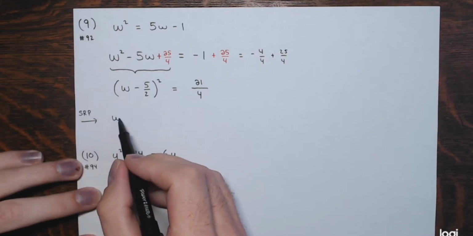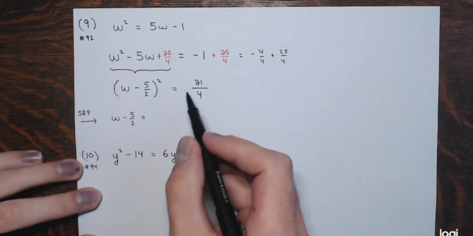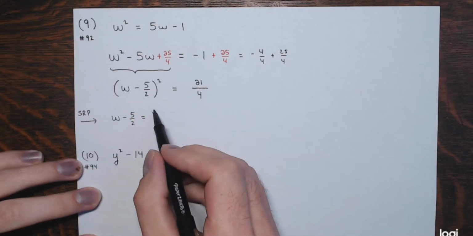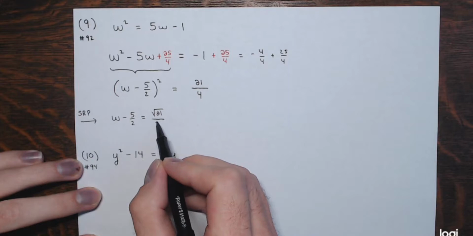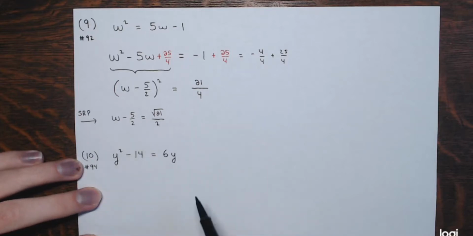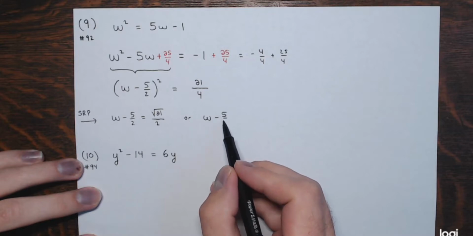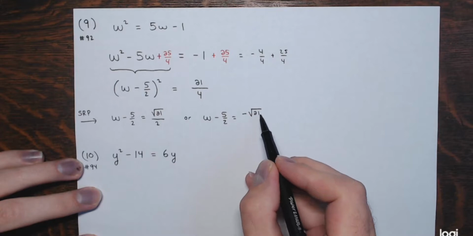and say that w minus 5 halves must be equal to positive square root of 21 fourths, which, if I use the quotient property, would be the square root of 21 divided by the square root of 4, which is 2. Or w minus 5 halves equals the opposite of this, negative square root of 21 divided by 2.